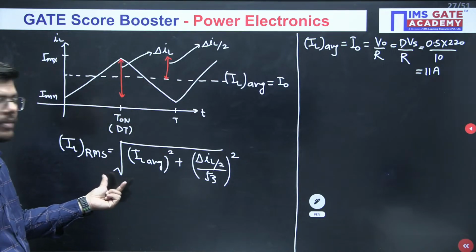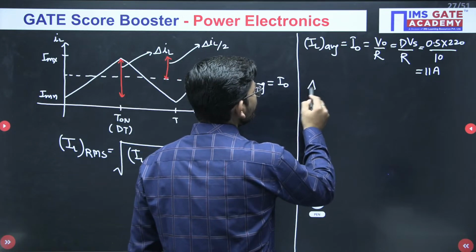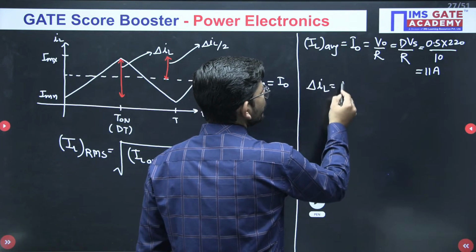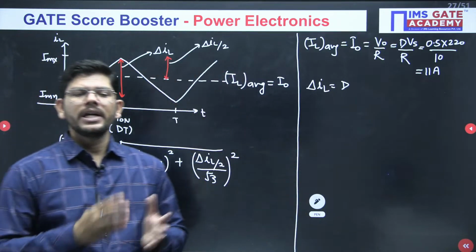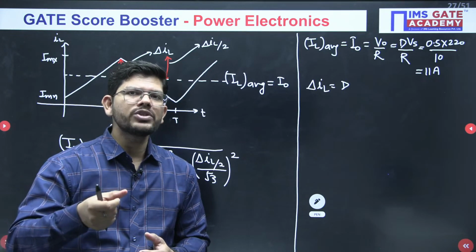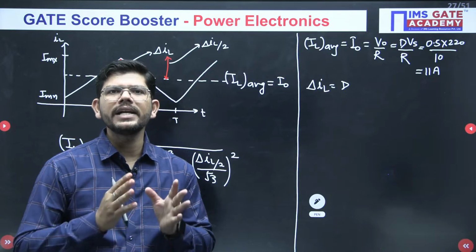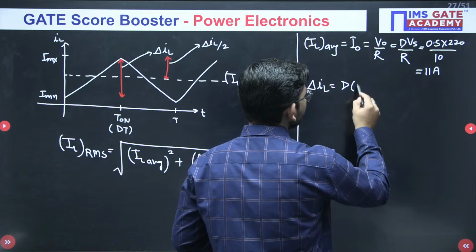Then in order to calculate IL RMS, we need the value of delta IL, the peak to peak ripple current. What is the formula in case of a step down or buck converter? It is D(1 minus D)Vs over FL. And for the boost converter and buck boost converter, it is DVs over FL. Here we have a step down converter.